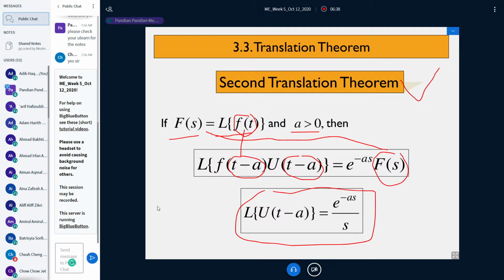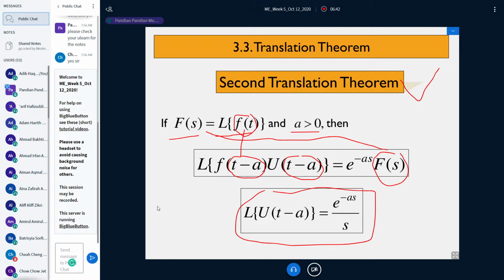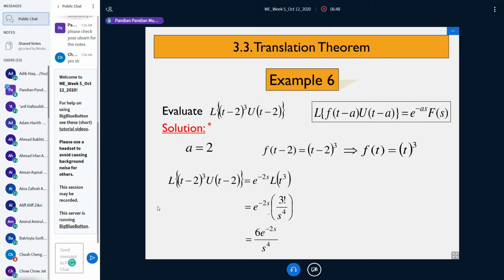Now, using this formula, we want to find Laplace of (t minus 2) power 3 times u(t minus 2).